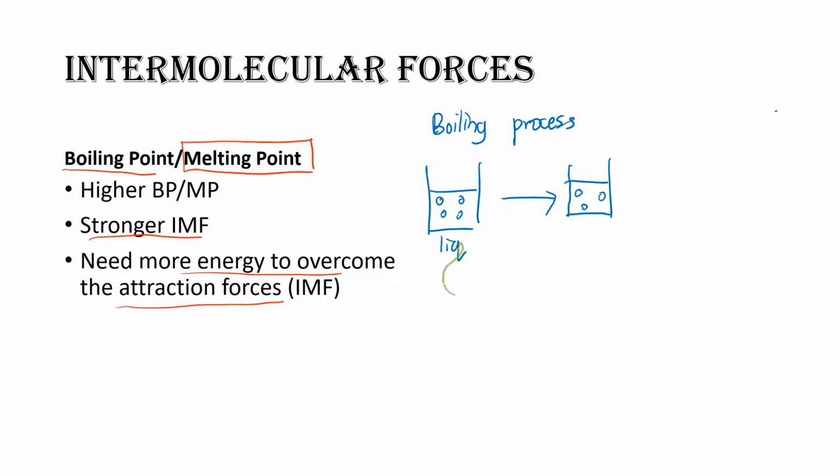When we provide energy, it will cause the average kinetic energy to increase, so all the atoms and molecules will move faster. At the same time, they can overcome the attraction forces between the molecules and escape to become gas molecules.